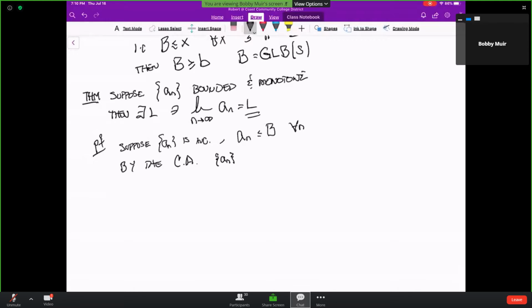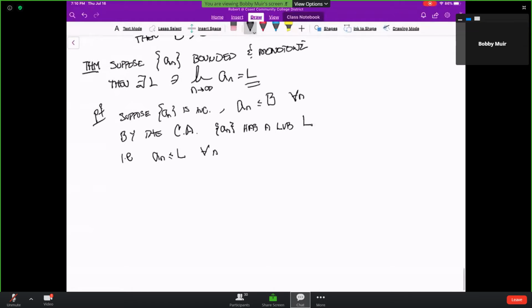Okay, so by the completeness axiom here, the set A_n has a least upper bound L, i.e. A_n is less than or equal to L for all n. Okay? Now pick any epsilon we want, positive.